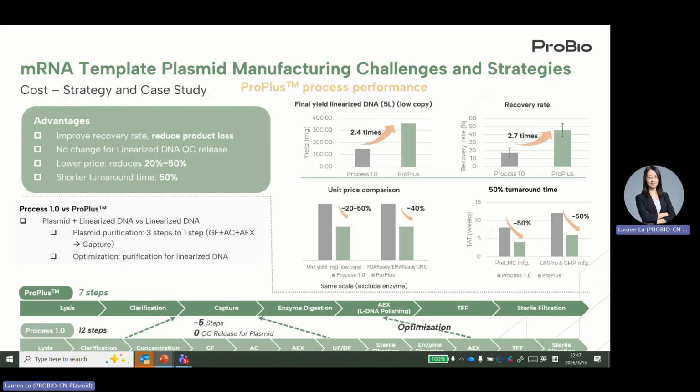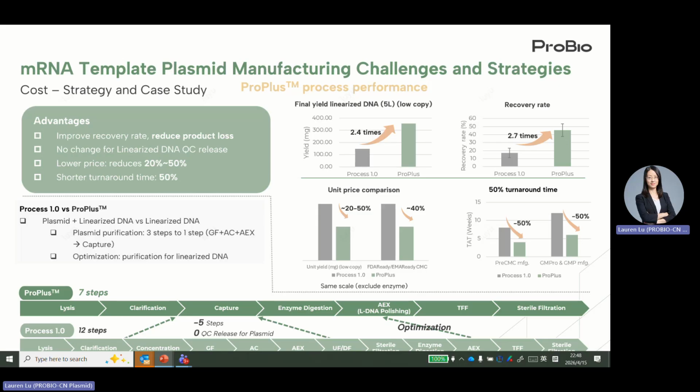The traditional linearized DNA process from mRNA template plasmids contains multiple steps and a long production turnaround time, creating a critical bottleneck in mRNA manufacturing. This leads to an extended timeline and high cost for research and clinical supply.